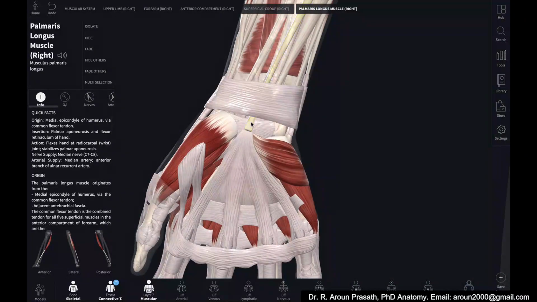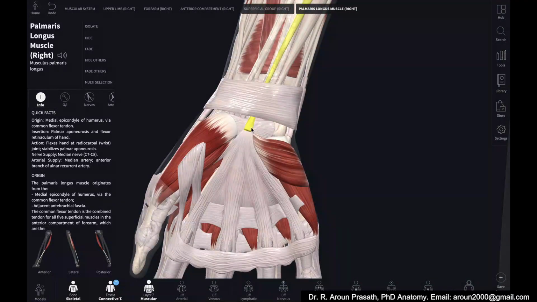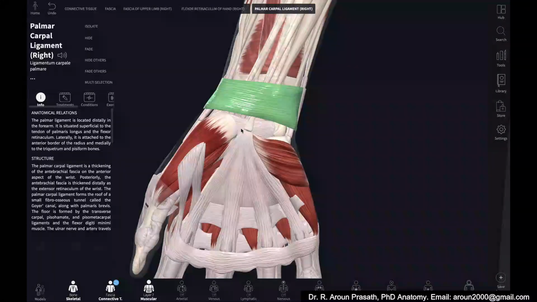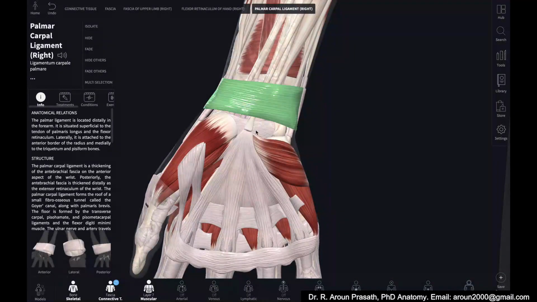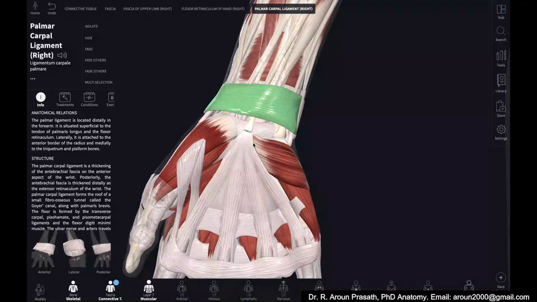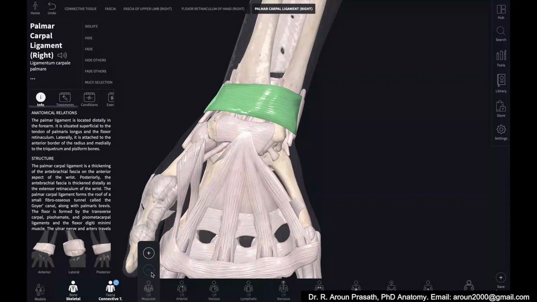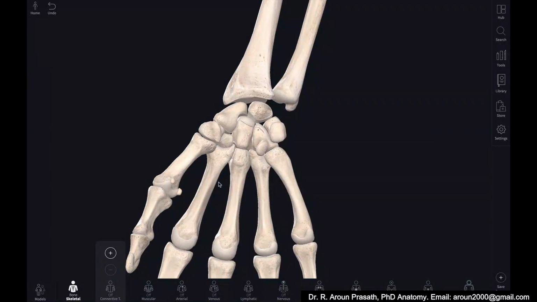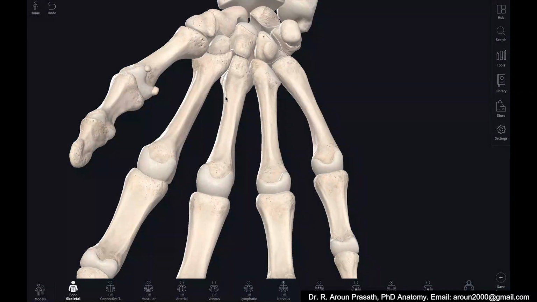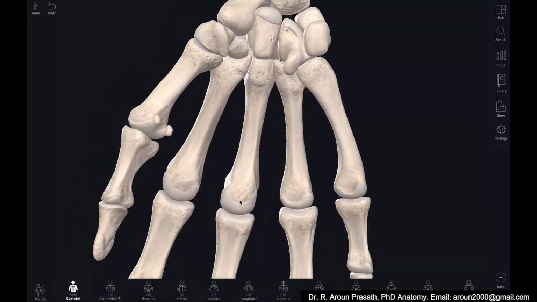Only this muscle is coming superficially, on the superficial aspect of this transverse carpal ligament. That we will discuss in the wrist joint. Just now, give importance to how the carpal bones are arranged and how they form the carpal tunnel.